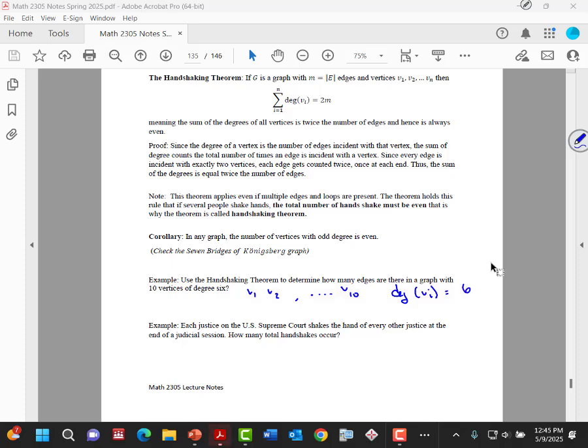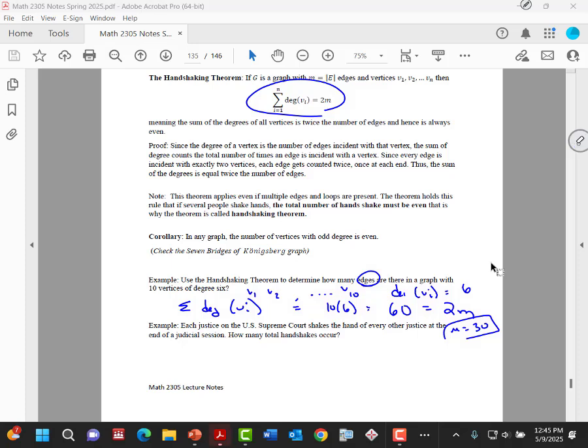So if I were to find the sum of the degrees of each v sub i, well, if I have 10 vertices, each of them with degree 6, that is 10 times 6, that is 60. Now, this 60 is equal to twice the edge set, where m is the number of edges. So if 60 equals 2m, then m equals, in this case, 30. So there are 30 edges in this said graph.